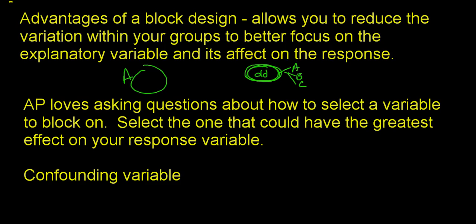Well, the smart choice there is to block on breed of dog, because Dalmatians might have very different amounts of hip and joint pain as opposed to some little tiny Chihuahua. Whereas the vet, all different kinds of dogs go to each vet. What vet you go to has nothing to do with your pain in your joint or your hips. Whereas the breed of dog, sometimes smaller dogs do have more hip and joint pain, or maybe larger dogs do. So blocking on breed of dog would be a much better decision.